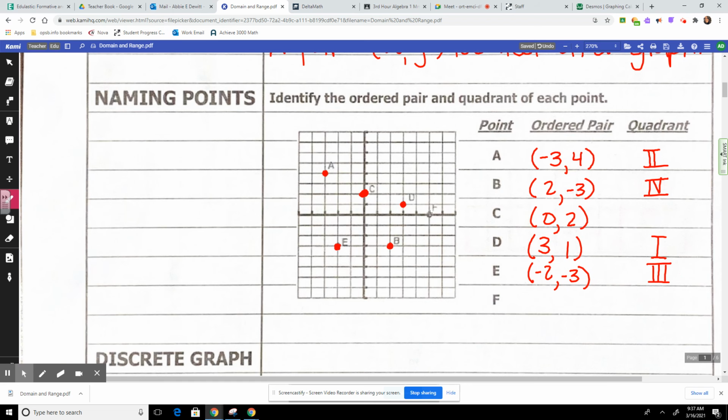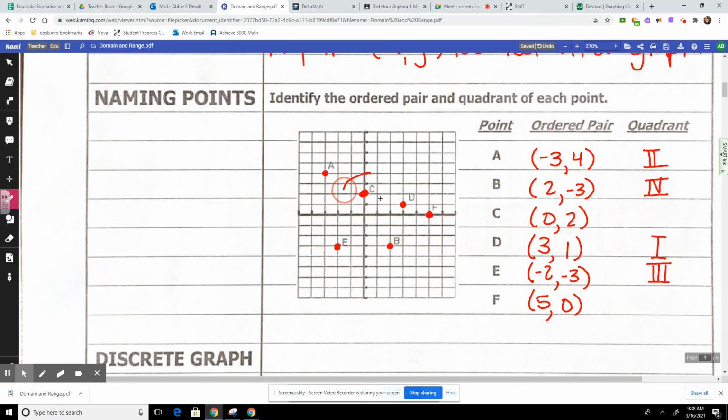And the last point, F. Now this one's a little bit different than C. For C, I didn't move left or right, so I remained where x is 0 and y is 2. For point F, I'm going to move along the x-axis 1, 2, 3, 4, 5 times, so x is 5. But I'm not going to move up or down for y. I'm going to remain where y is 0. So your y is 0 in this case.